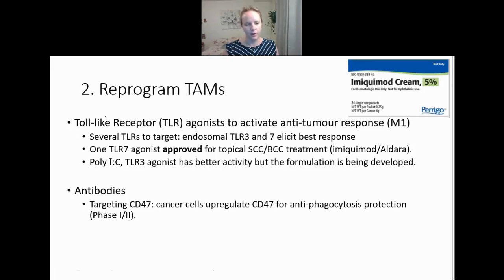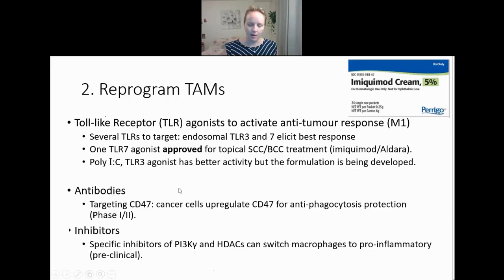These are in early phase trials. There are also some specific inhibitors being tested and developed preclinically, experimentally, to try and switch the phenotype of macrophages and improve their pro-inflammatory responses.